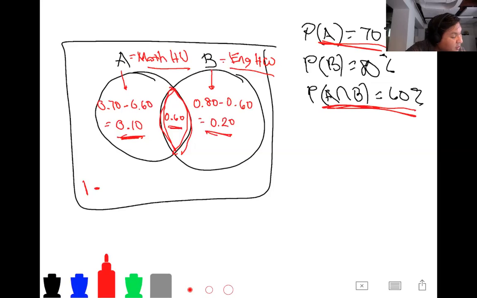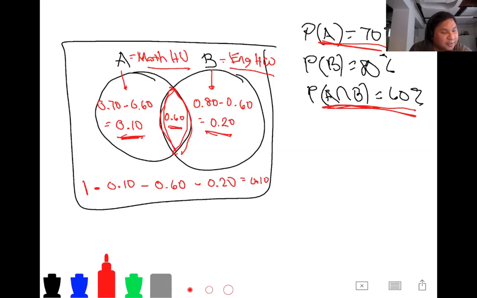So 1 minus him doing math only, minus him doing both math and English, and minus him doing only English. So 1 minus 10%, that's 90%, minus 60%, that's 30%, minus 20%, that is only 10%.